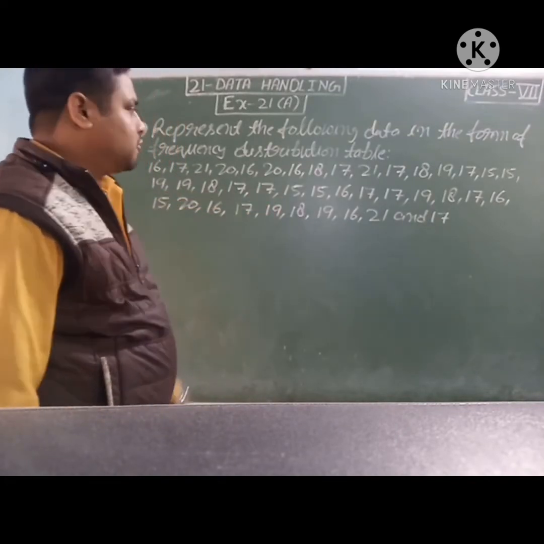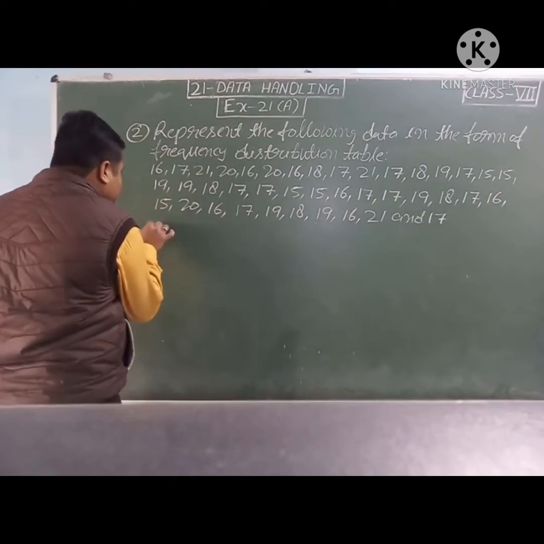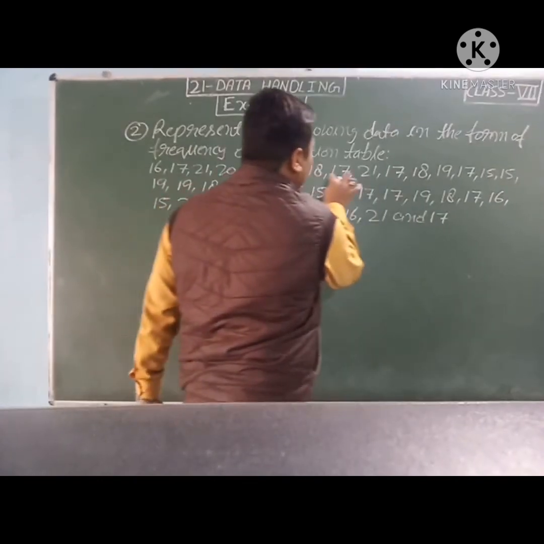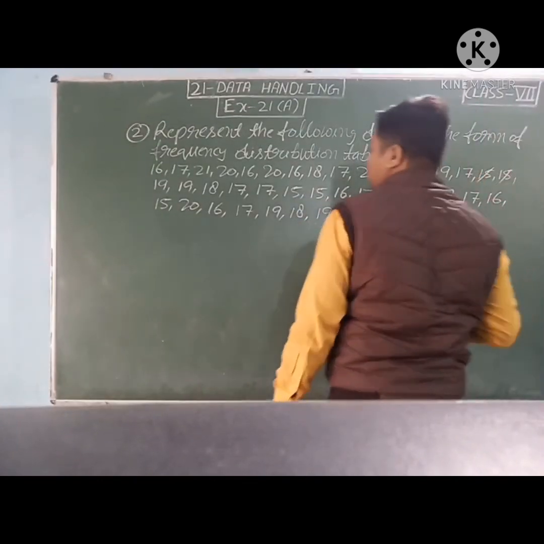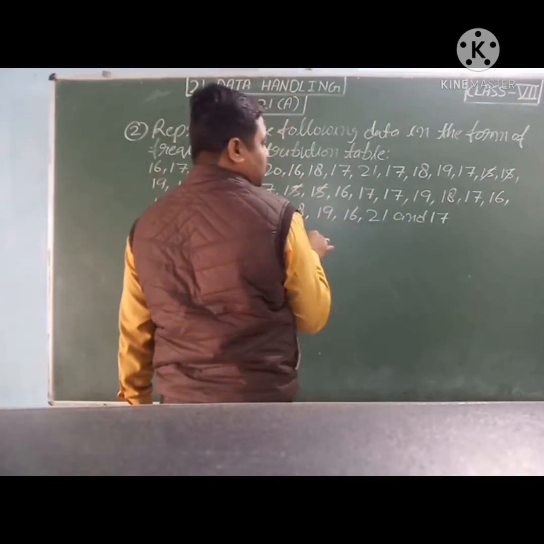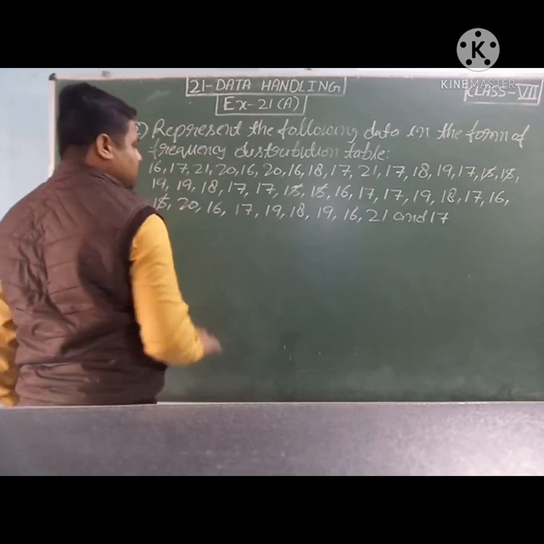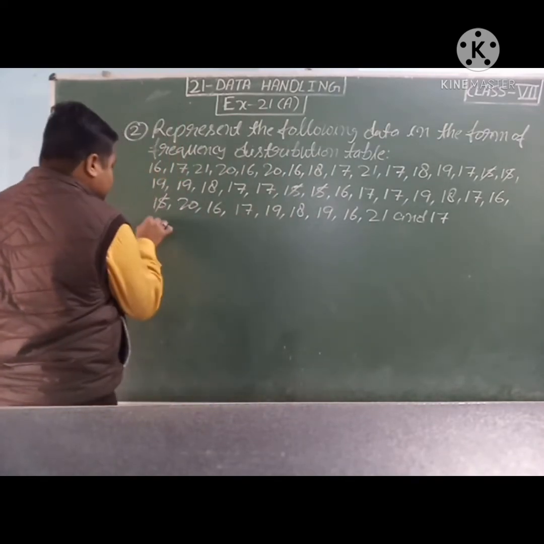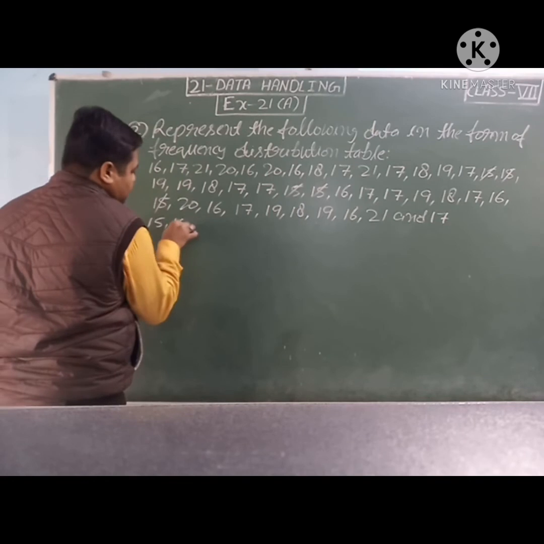Yes, the smallest is 15. So how many times? 1, 2, 3, 4, 5. 5 times 15. So write 15 here 5 times.